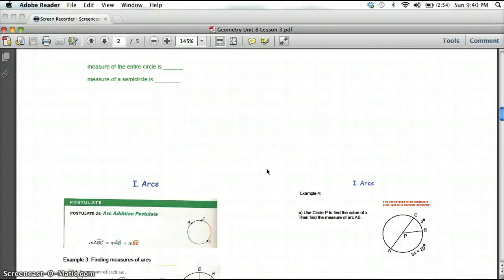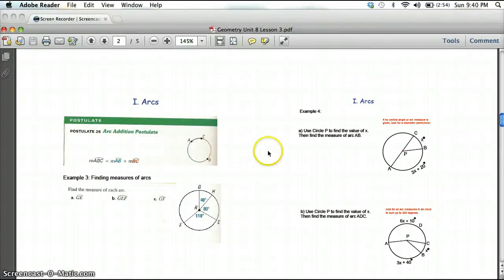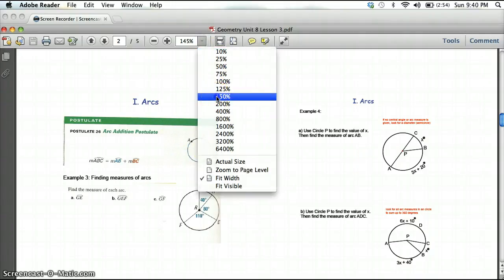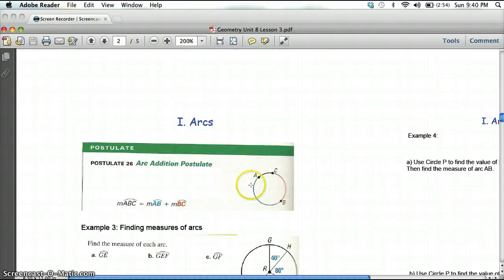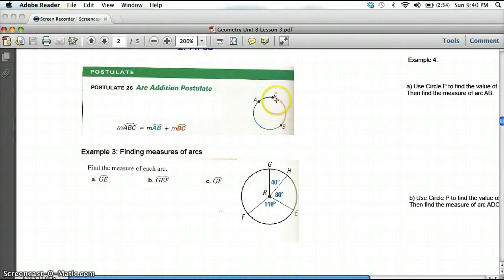Now the next question, we're talking about the arc addition postulate. An entire circle is 360 degrees. So here in the diagram to the left, I'll go ahead and zoom in a little bit. Our entire circle is 360 degrees.